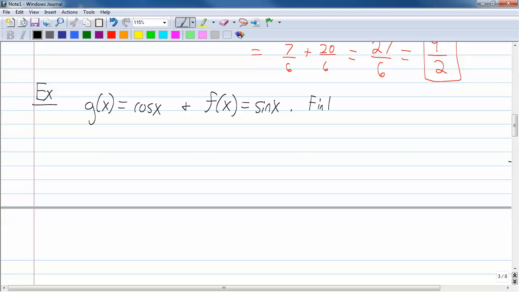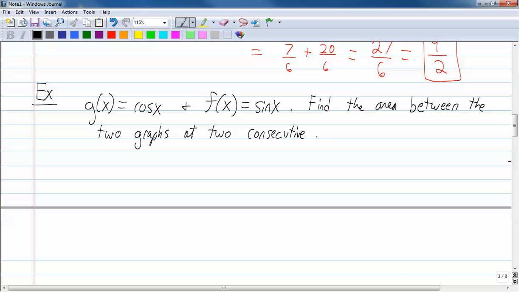Let's find the area between the two graphs at two consecutive places of intersection.